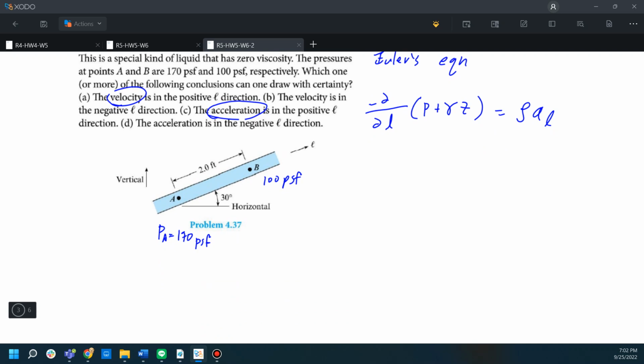So we know the P is given by the problem. We know the Z because we have the angle of 30 degrees here. So the Z here is 2 sine 30 degrees. Okay, so we also know that, and since it's just a constant, we know the information for the acceleration.